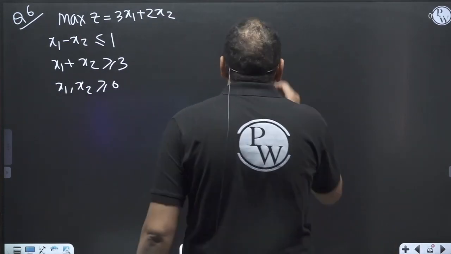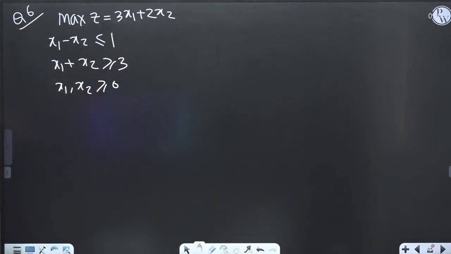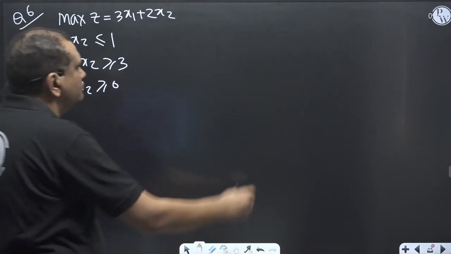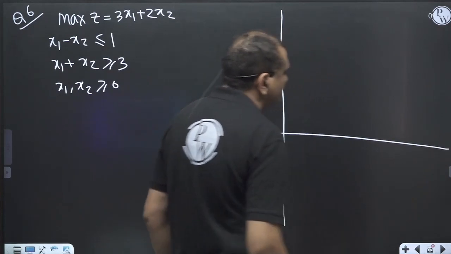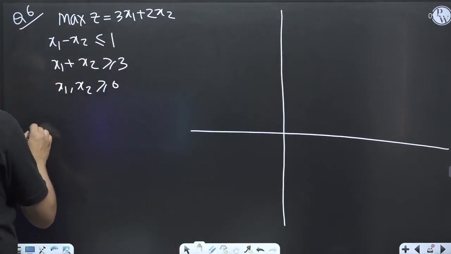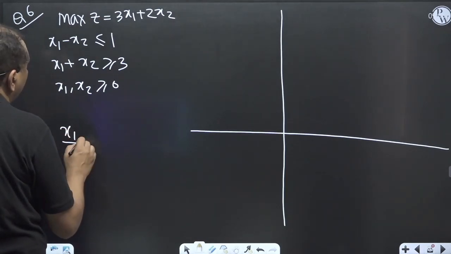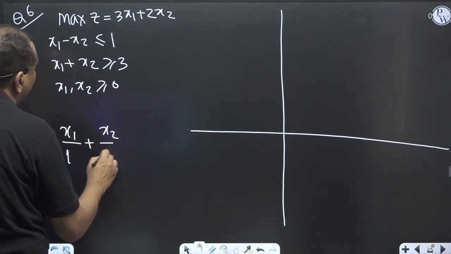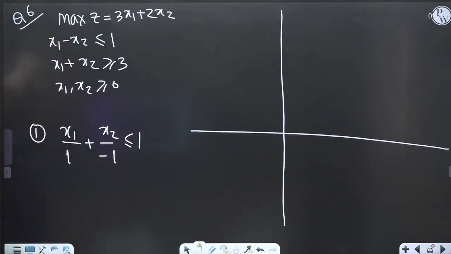So let us plot. The first constraint: x1 divided by 1 plus x2 divided by minus 1 less than or equal to 1. Correct? Because 1 will come down.